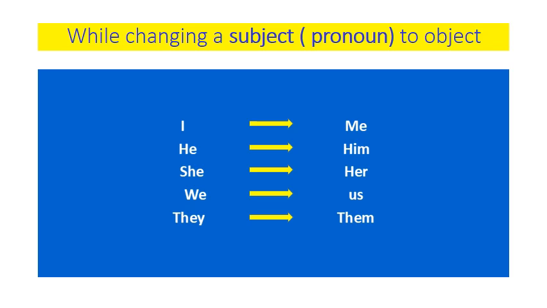While changing a subject pronoun to object, I becomes me, he becomes him, she becomes her, we becomes us, and they becomes them.